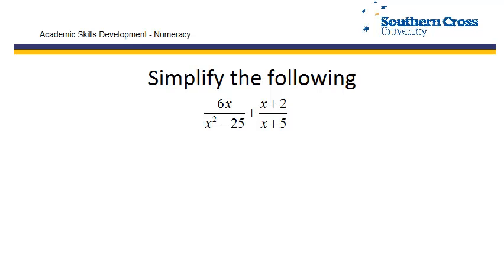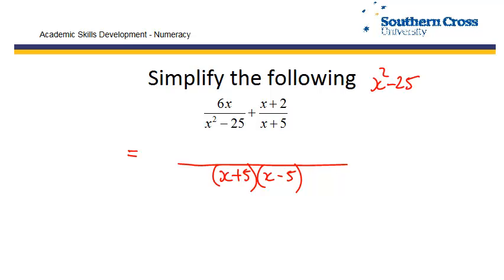Okay, the next video we're adding these terms and they're basically fractions, so you need a common denominator. So the common denominator that we'll use here is x plus 5 x take 5, because we know from a difference of squares that x squared take 25 is x plus 5 x take 5.